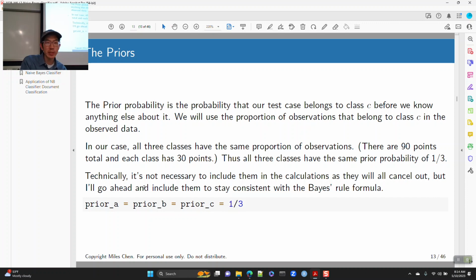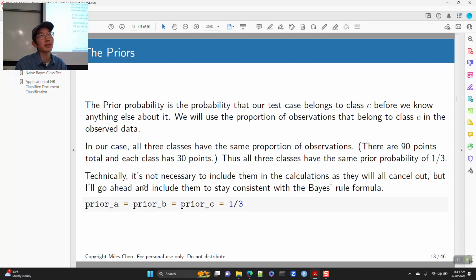The prior probability is the probability that, before we even look at the data, a new observation belongs to class A or class B or class C. This depends on our prior knowledge or our test cases.